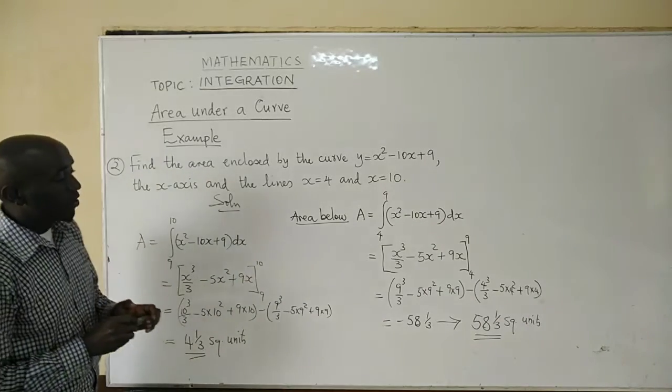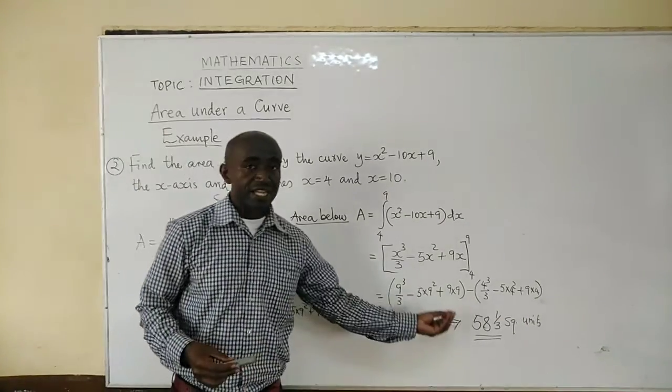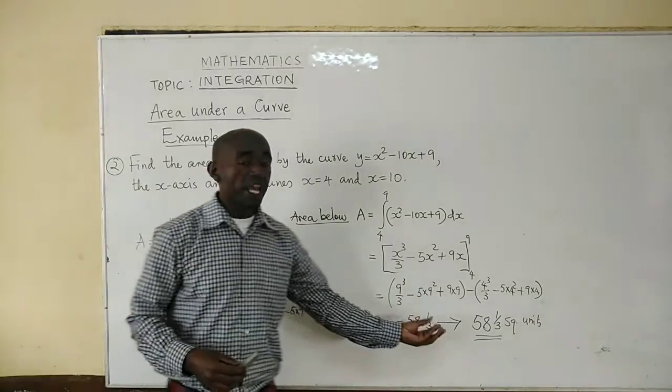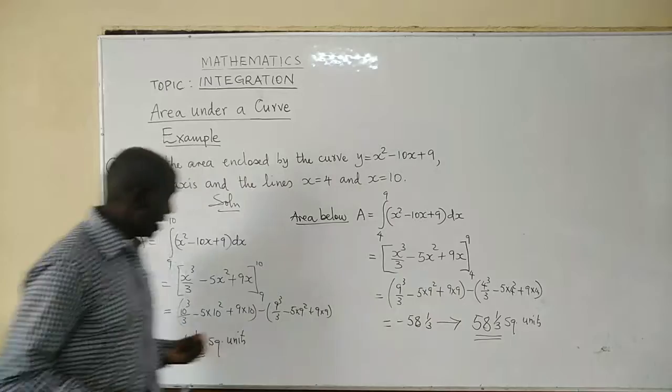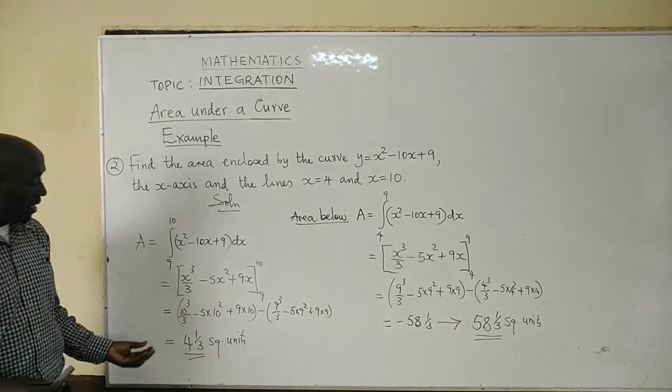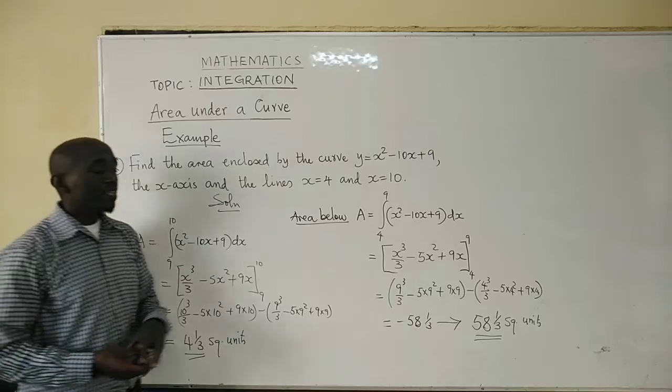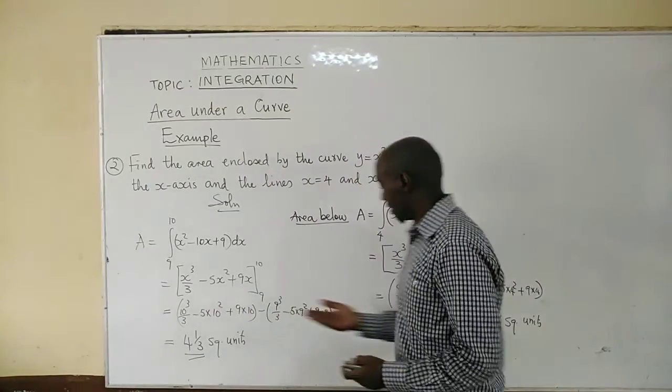So the area below the x-axis was 58 and a third square units, and the area above the x-axis is 4 and a third square units. So what is the total area, my dear learner? The total area, we just add the two areas.